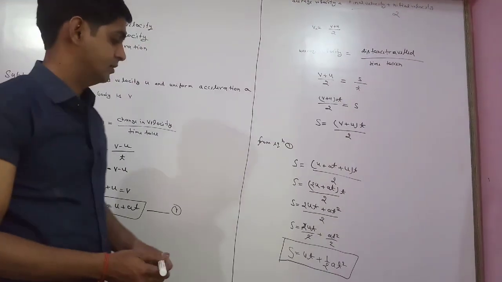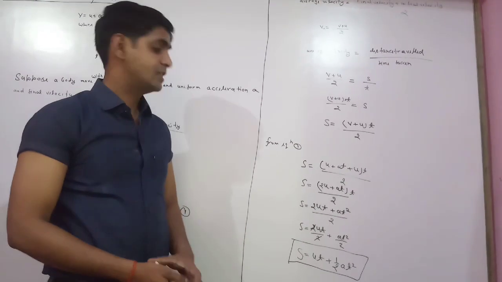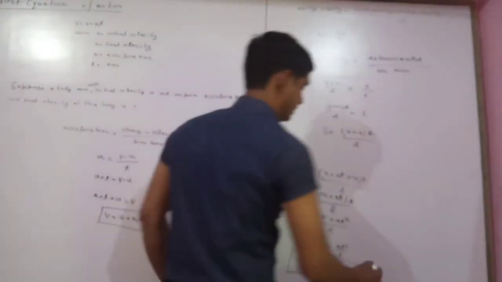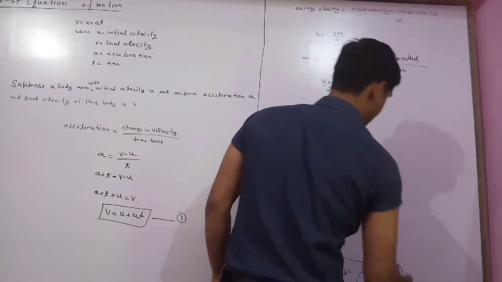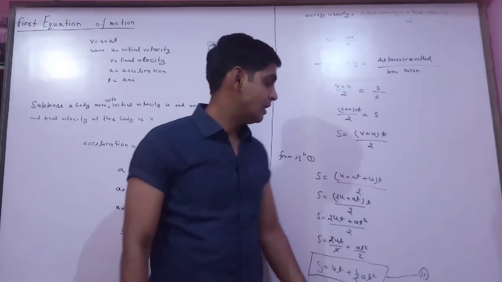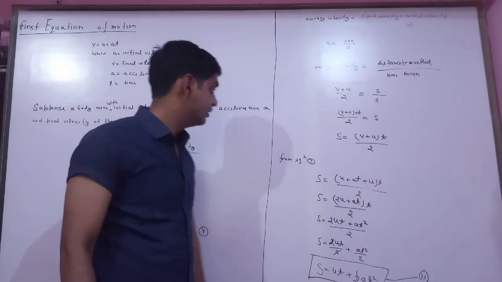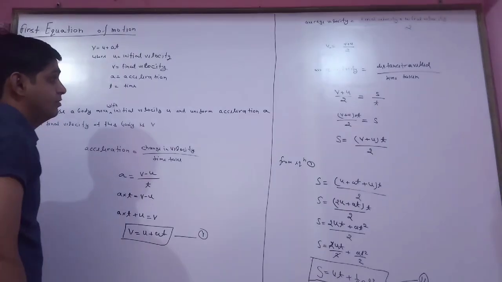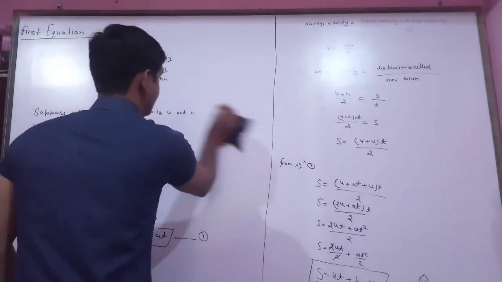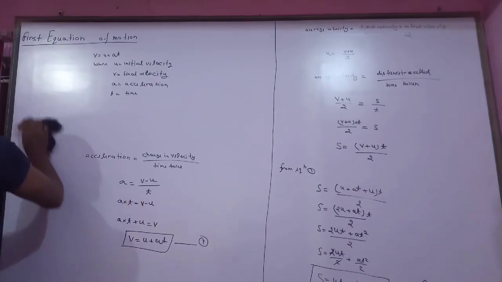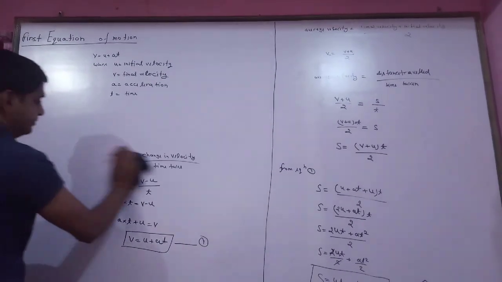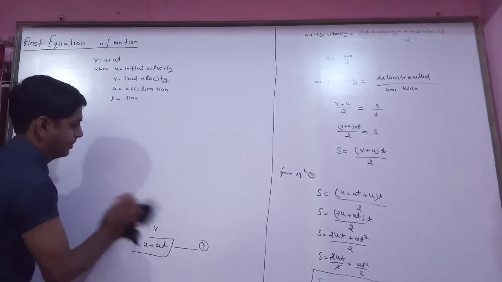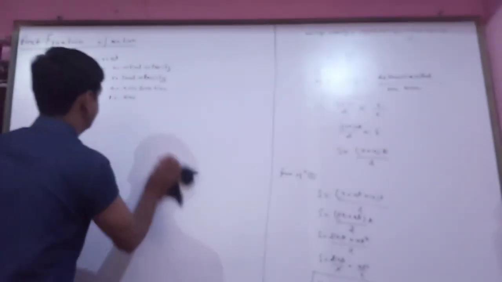This is the formula of the second equation of motion. After that, we derive the third equation of motion. For the third equation of motion, we take the help of the second equation of motion.